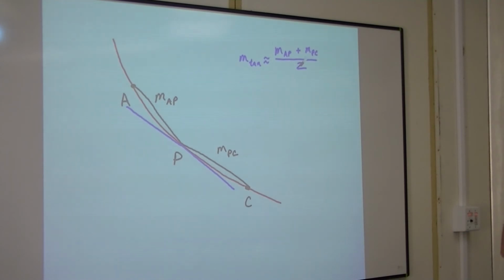So the average velocity is the distance traveled divided by the time elapsed. That's going to be your average velocity. But we don't want the average velocity, we want the instantaneous velocity at exactly 5 seconds. Well, what I can do is I can find the velocity between 5.1 and 5 seconds.